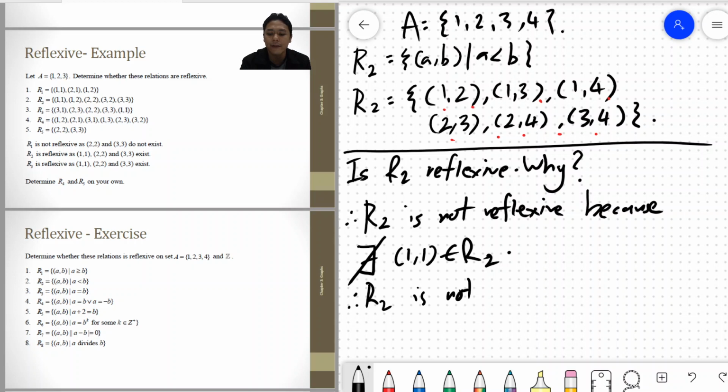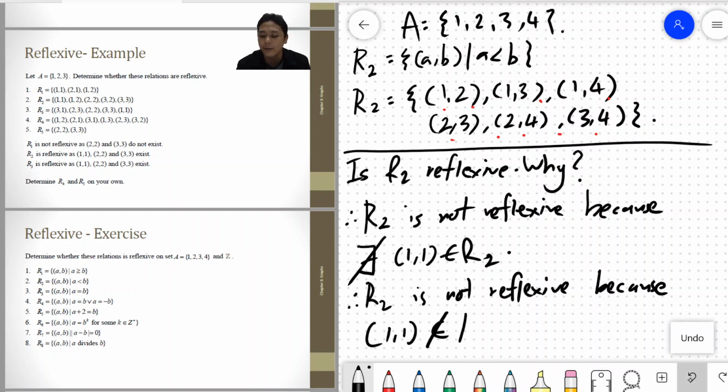R2 is not reflexive because (1, 1) is not an element of R2.